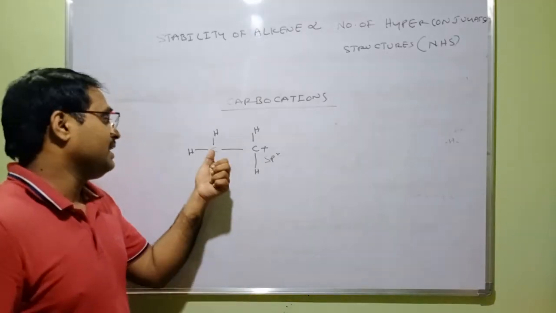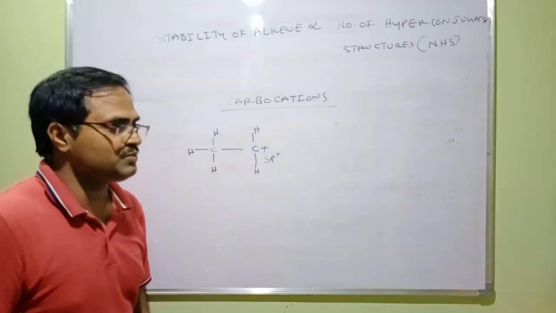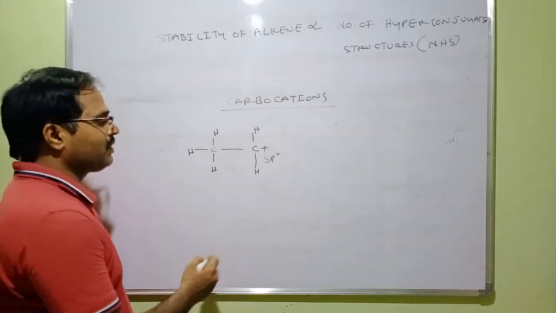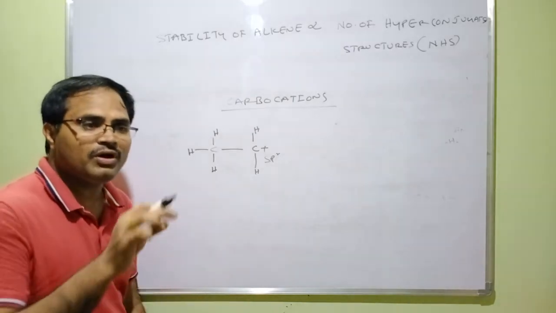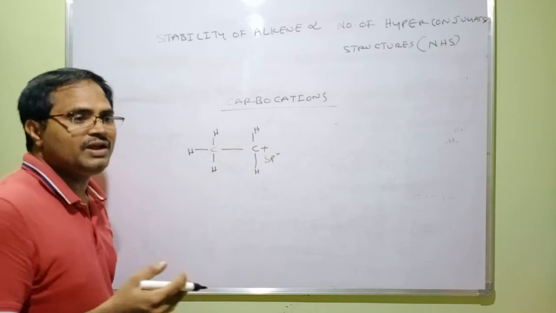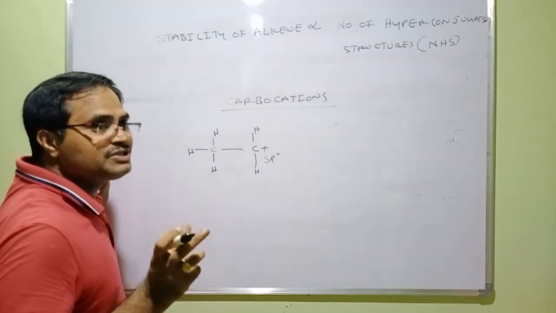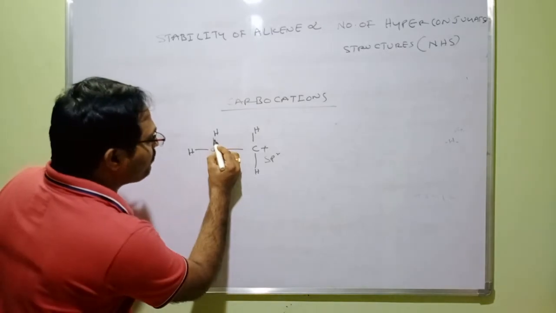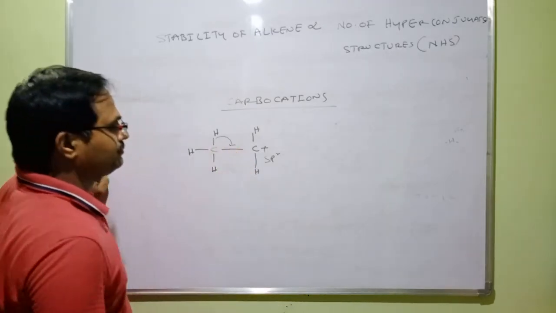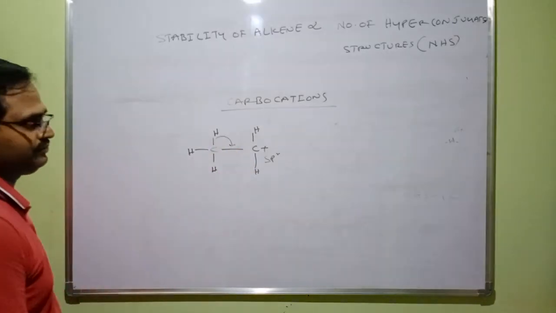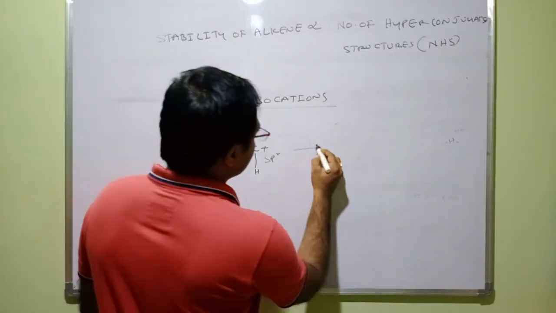sp2 carbon is there, sp3 is there, and at sp3 you have CH bonds. Then it will show hyperconjugation like this. What is hyperconjugation? Polarization of bond, right? Polarization means movement of bond or separation of charges. So this bond will move here.